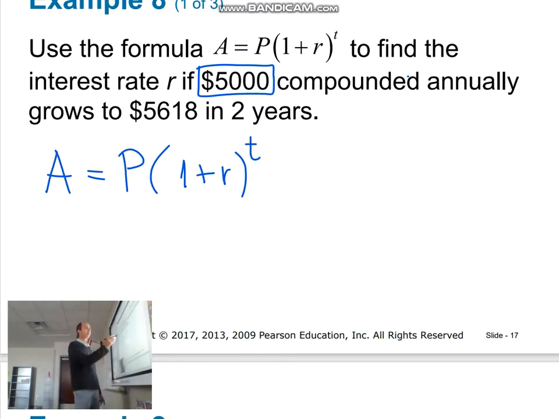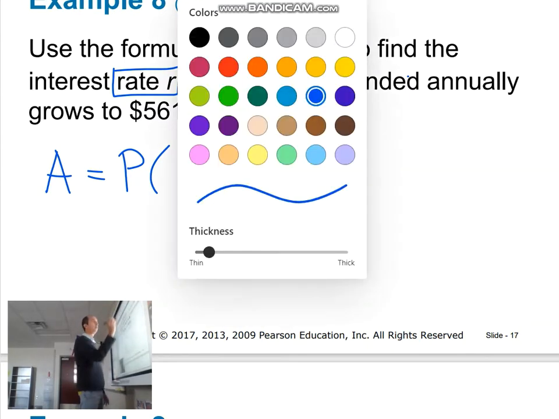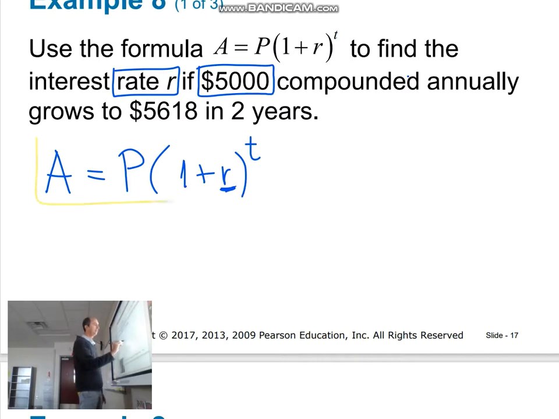And this is the rate. The rate is what we want to find. We don't know it yet. Rate is r, and t is the time. So you need to understand what this formula means. This is a very famous formula to calculate compounded interest.